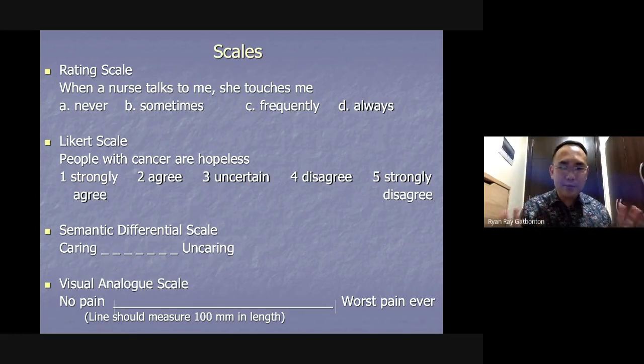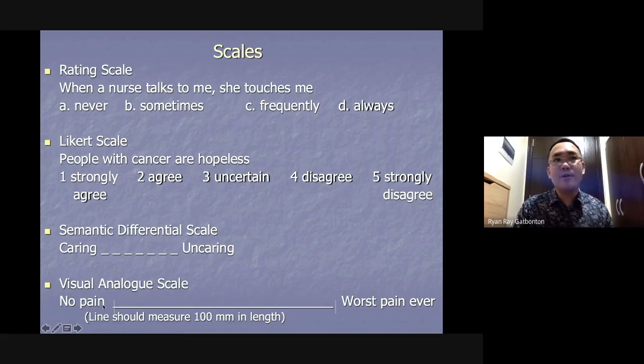You differentiate two, you try to measure the variable by using an adjective that is bipolar or completely opposite of each other. Now, another type of scale is yung tinatawag na visual analog scale.